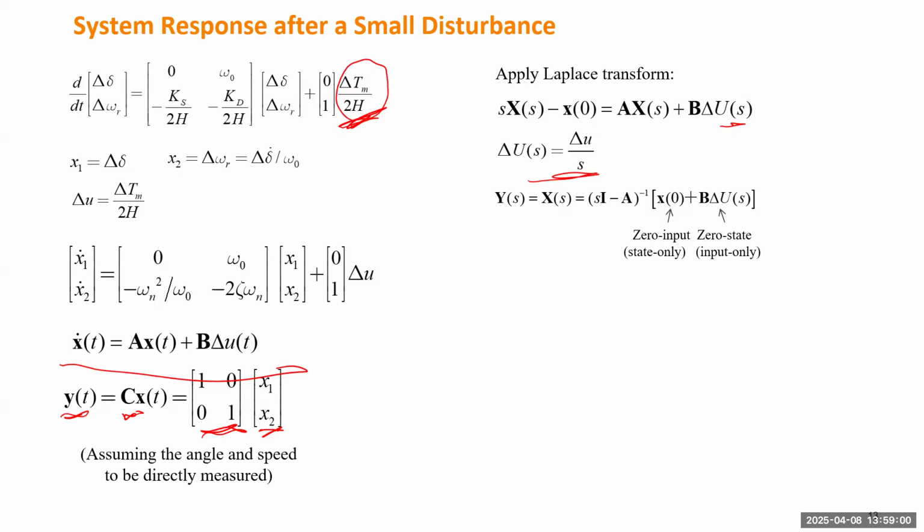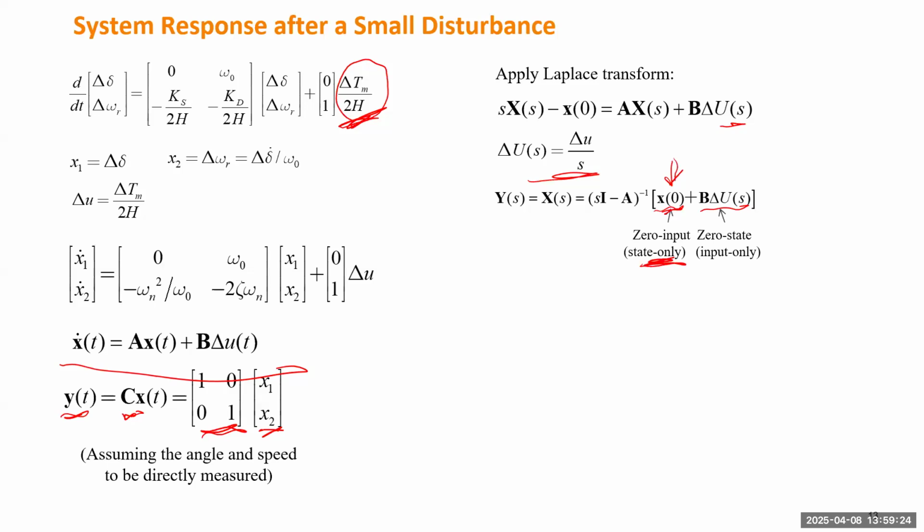There will be first two items. The first one depends on the initial state. The second item depends on the input. So if we only have the first item without the second, if the input is 0, then we solve the system response. That's called zero input response, or state only response.